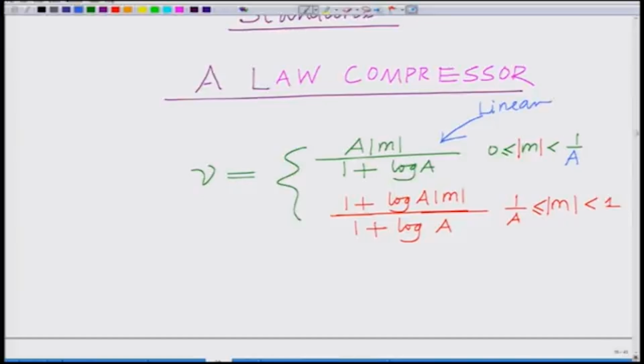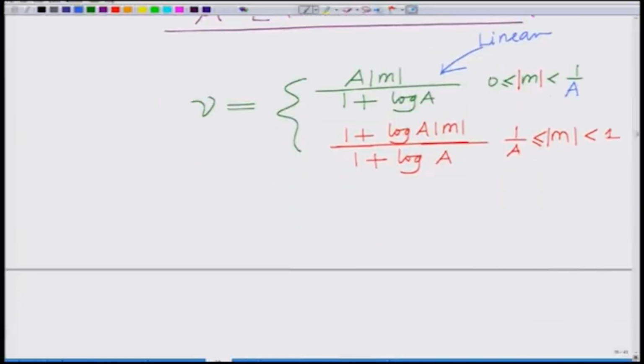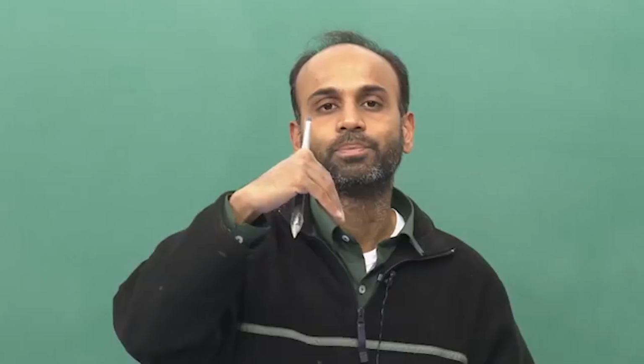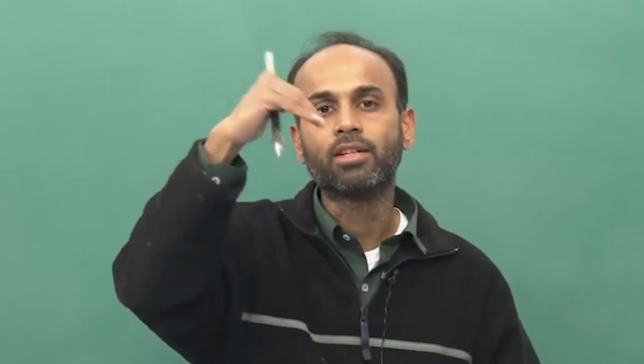And after a certain threshold, that is 1 over A, it is logarithmic or concave. So, what we have is a linearly increasing characteristic for a certain portion, and then it starts becoming concave, that is where the larger amplitude region is progressively shrunk. If you plot this, it looks something like this.